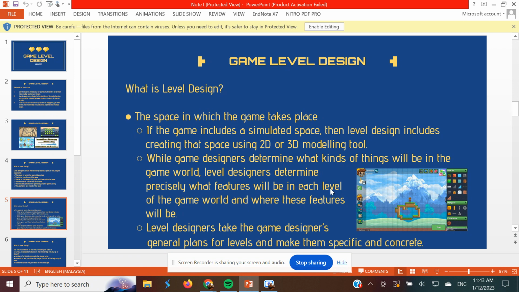While game designers determine what kind of things will be in the game world, level designers determine precisely what features will be in each level of the game world and where these features will be. Yes, this is very correct.